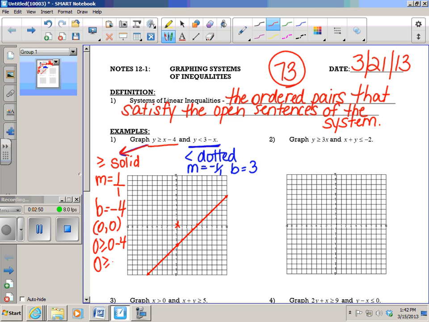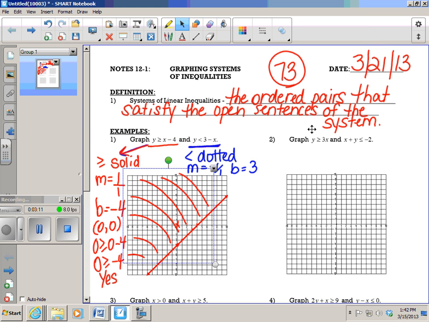So I get 0 is greater than or equal to -4. Is 0 greater than or equal to -4? Yes, it is. And so I'm going to shade where the 0, 0 is. I'm going to color on this side to include 0, 0.